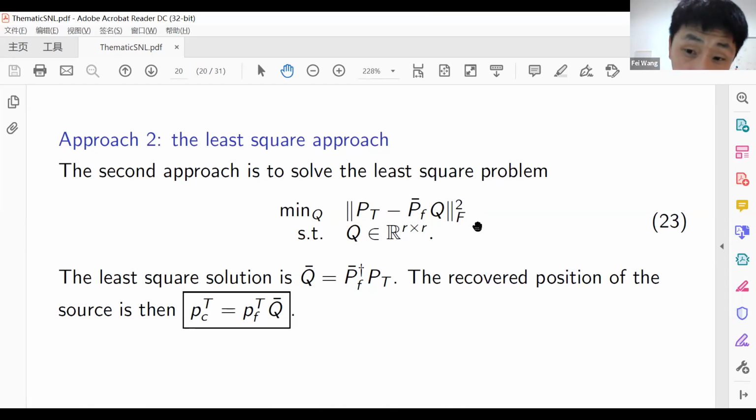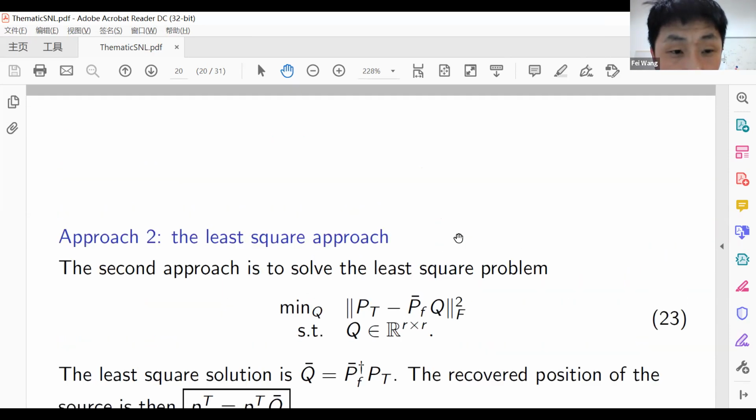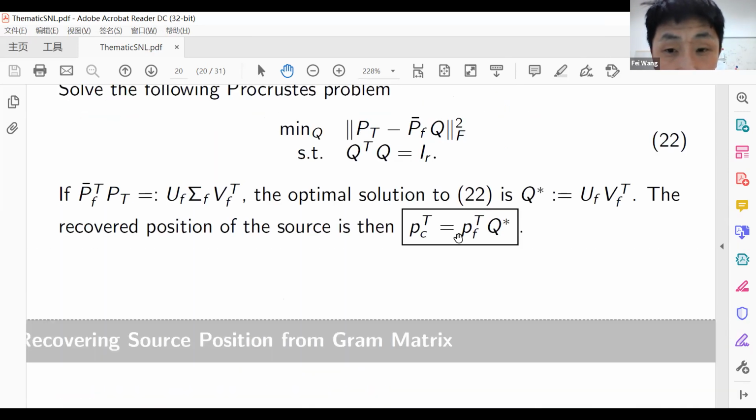So we can actually exactly recover the towers. So there are two approaches.